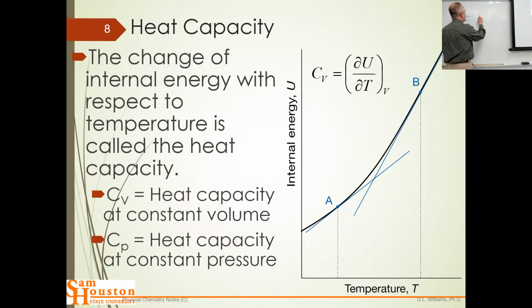We had 3/2 nRT was U, and then the heat capacity at constant volume was the derivative of U with respect to T. So it's just 3/2 nR, number of moles. And then the rotation, if it was linear, you only had 2 degrees of freedom, so it was 2/2 nRT. Or 3/2 nRT for nonlinear.